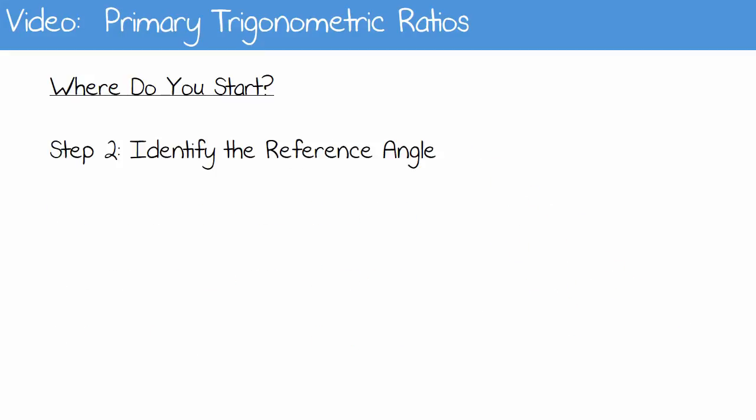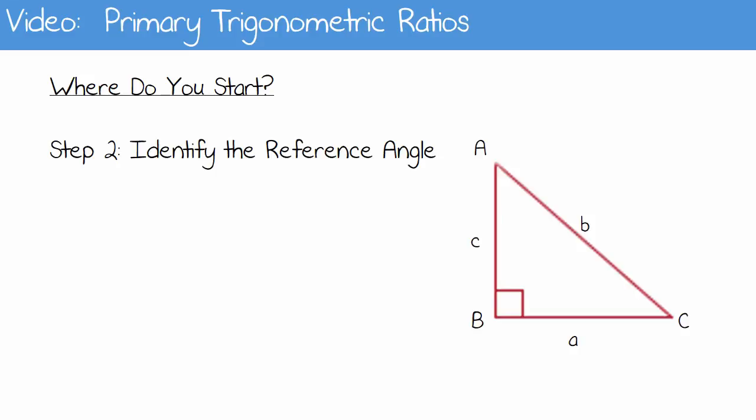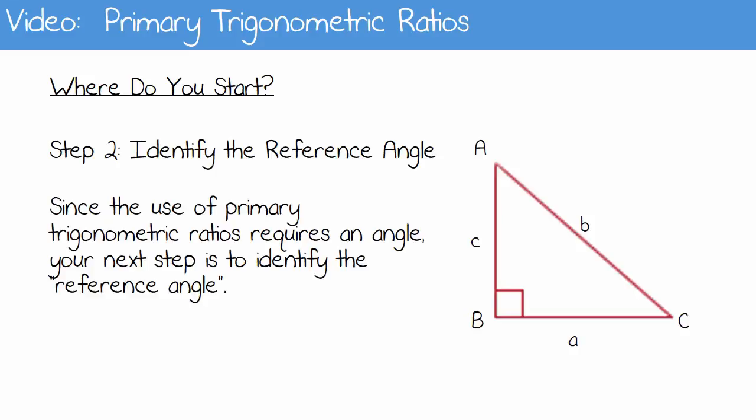Step number 2, identify the reference angle. Since the use of primary trigonometric ratios requires an angle, your next step is to identify that angle, which we will call the reference angle.